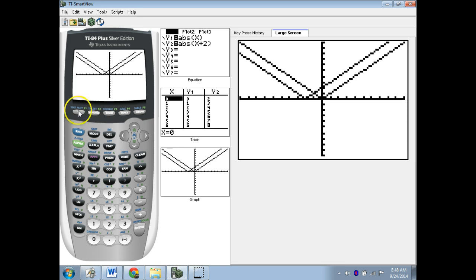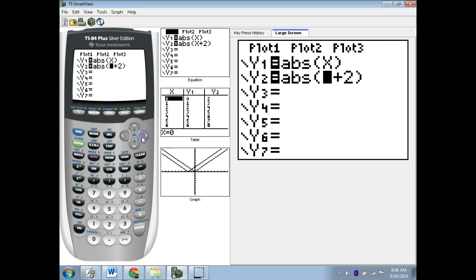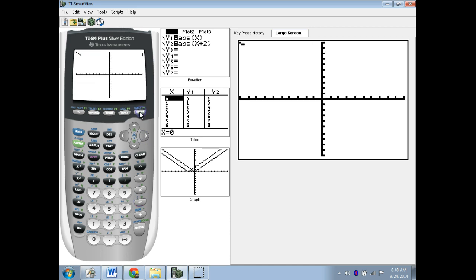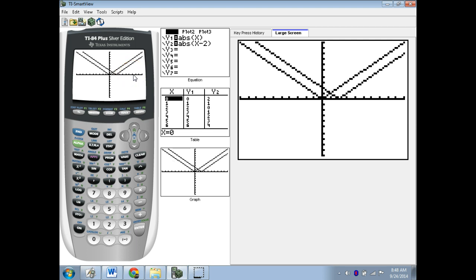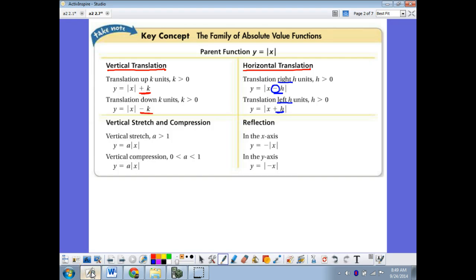If we subtract the 2 and hit graph, there's the first one, the parent function, it ends up being moved to the right. So just be very careful. Again, with the horizontal translations, it's a little bit counterintuitive to what you would think.